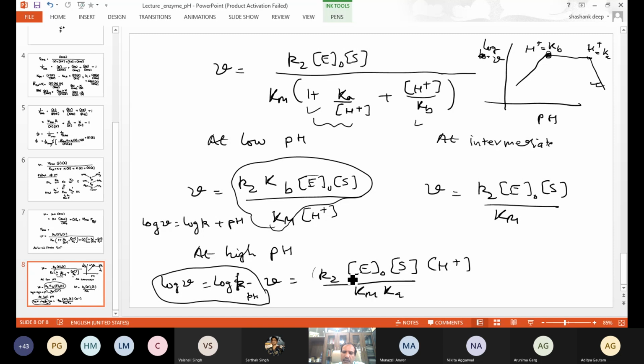Similarly, if I equate the other two, I will get H plus equal to Ka. So just by looking at log V versus pH, I can know the value of Kb and the value of Ka. This is one of the very good methods to calculate Ka.